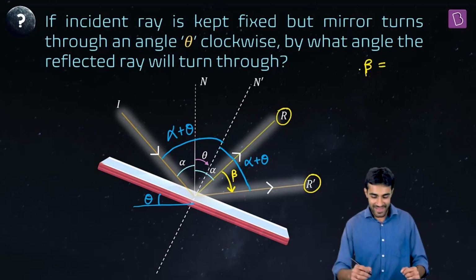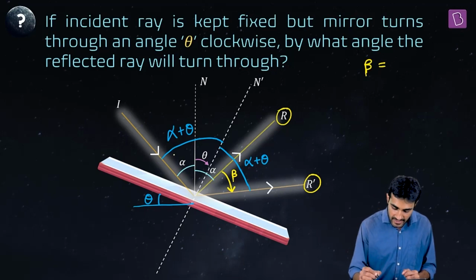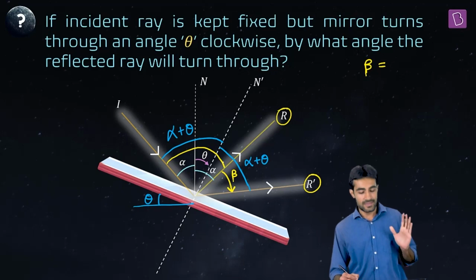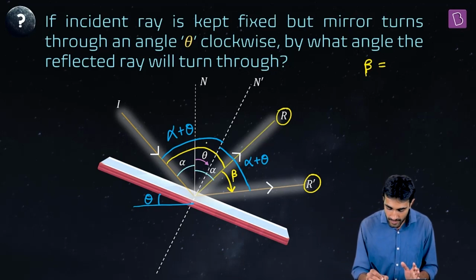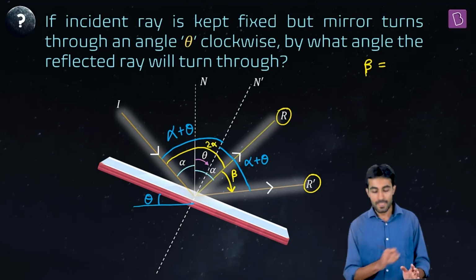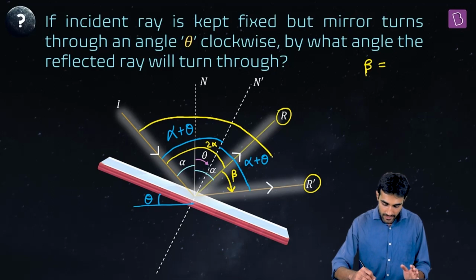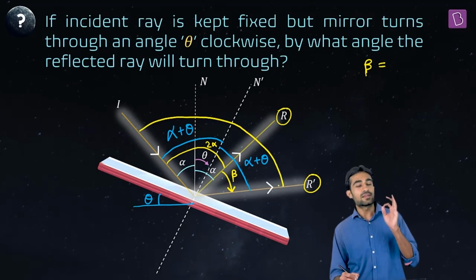Very easy. We will find two angles. This is my first favorite angle, which will give us the reflected light ray from the incident light ray. Let this angle be alpha plus alpha, 2 alpha. And now we will find this angle from the incident light ray to the final reflected light ray.